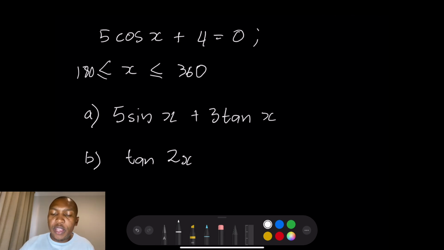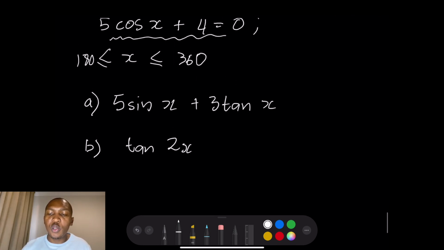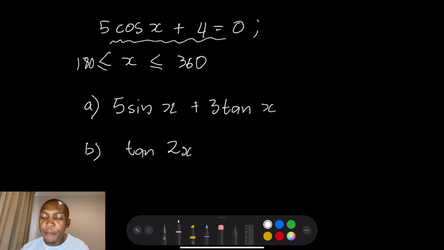All right. Just to give you a hint on that one. So remember to isolate your trig ratio. So just to show you quickly, remember that when you're supposed to isolate, just make sure that you have 5. Okay, let me just write it in a different color. So you've got 5 cos of x is equal to minus 4.